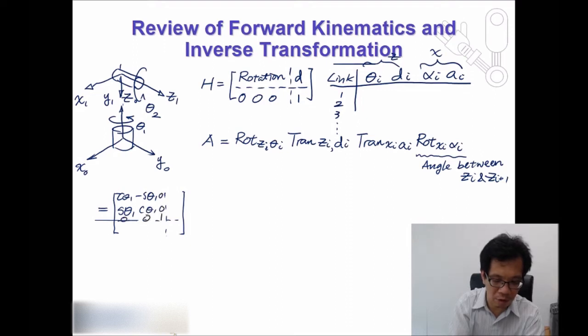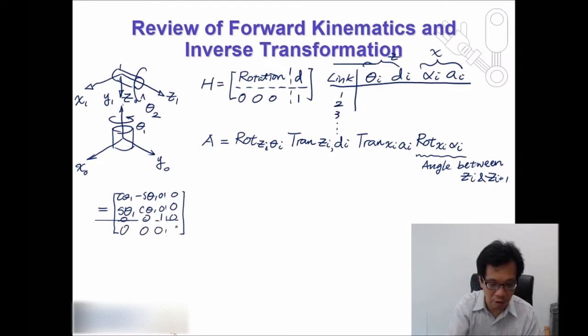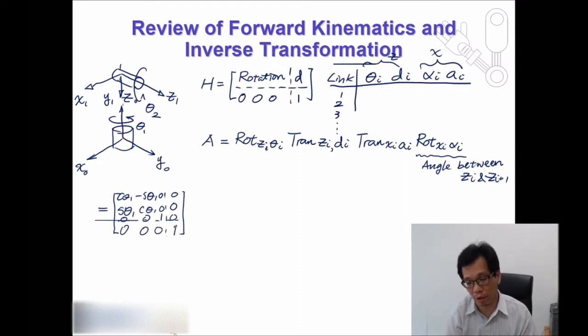Those two components are 0 as well. This one is just rotation, and since we are talking about the rotation matrix, we do not have any displacement. Therefore, the three components over here are going to be 0, 0, and 0. And in the bottom over here, we just fill in the numbers 0, 0, 0, and 1.